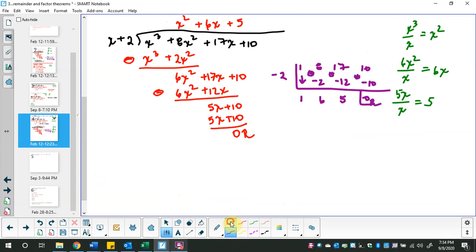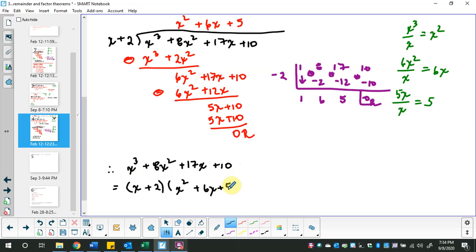So we've got x cubed plus 8x squared plus 17x plus 10 is equal to, we found that x plus 2 divided in, and we ended up with x squared plus 6x plus 5. Sorry, I don't have room for the green stuff here, with a remainder of 0, so you don't even have to mention a remainder here.